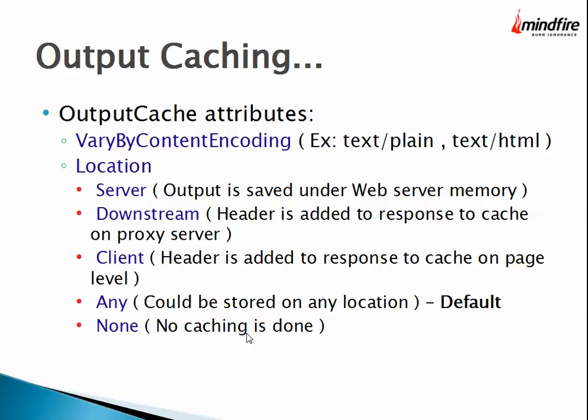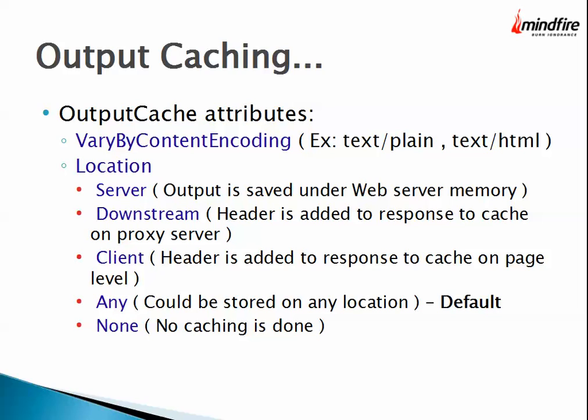We are having server, downstream, client, any, none. So on the server, obviously it is going to save on the server. Downstream, if you are having proxy servers, like 2-3 proxy servers or a single proxy server, it will be cached on that one. So if a second request is made from a machine which is using that proxy server, it will get it from there itself.